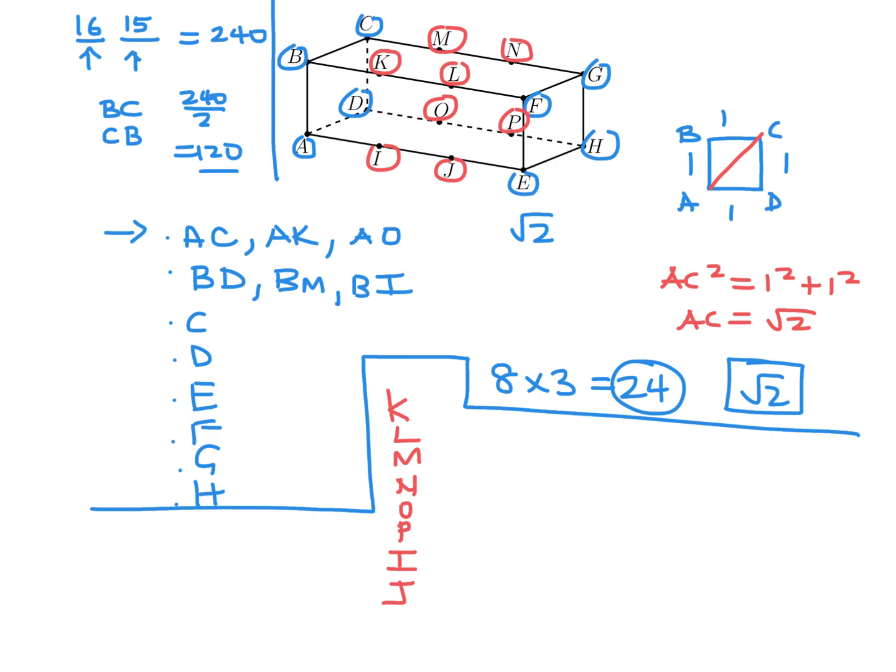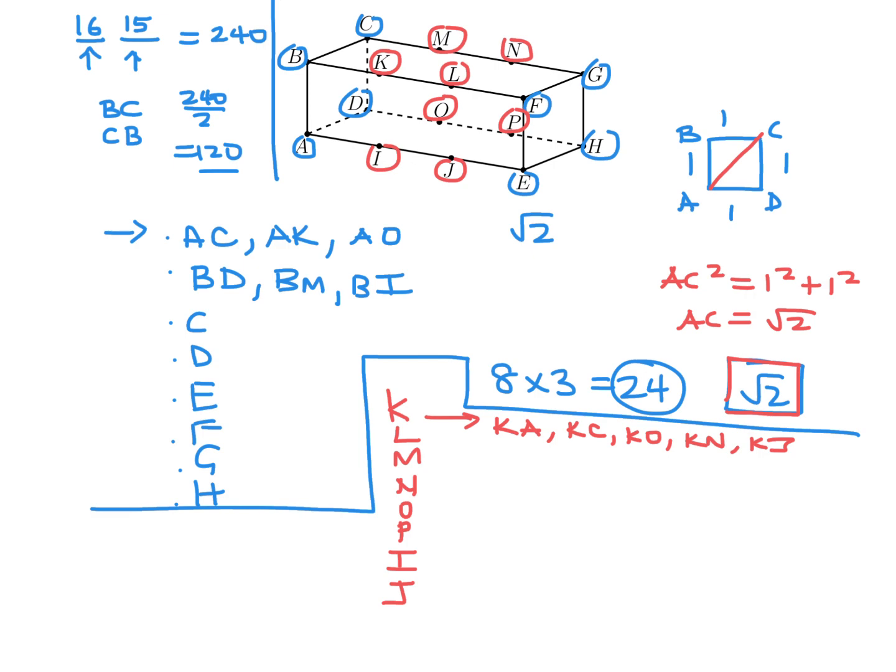Now, let's see how many of those you can make a root 2 distance. Let's start with the K. For K, K to A would do it. K to C, K to O, K to N, and I believe K to J. So K to A, yes, KC, KO, KN, and KJ.